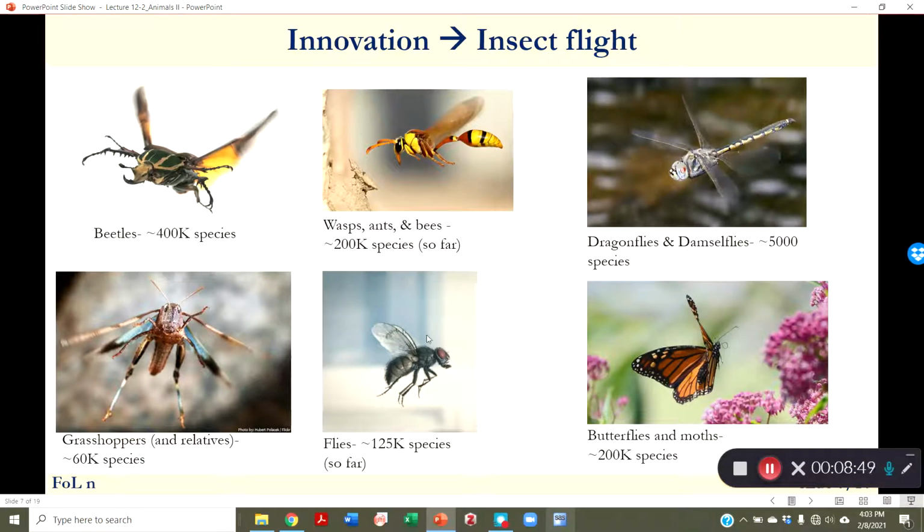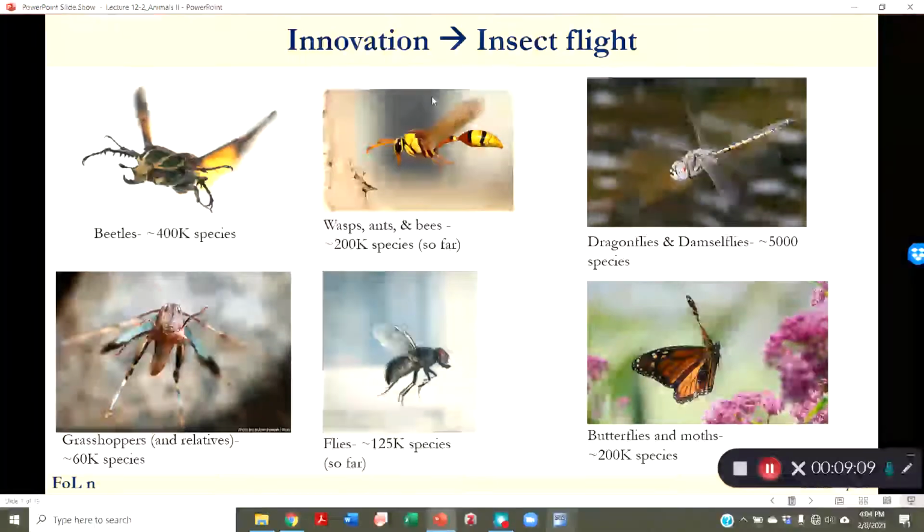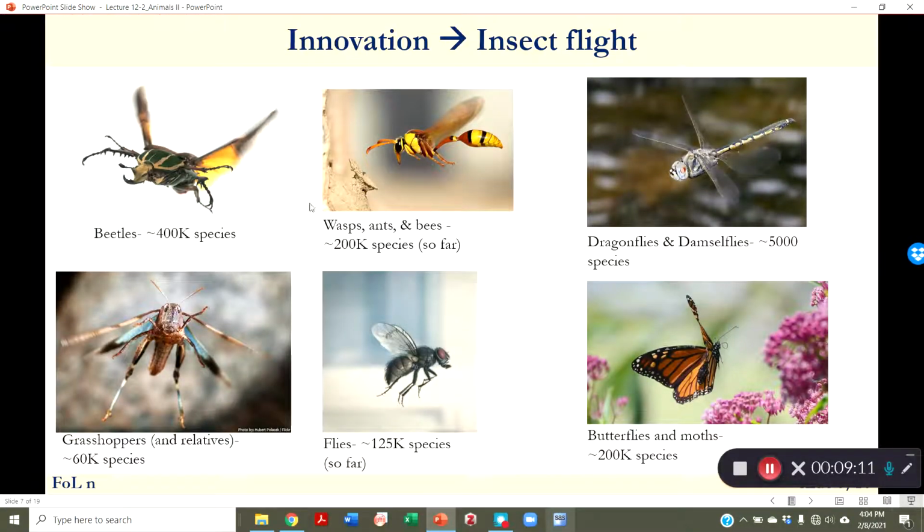In contrast to beetles, flies actually do all their flying with their forewings, and then they have these little tiny stunted hind wings that are now called halteres that just basically buttress their forewings. And grasshoppers are kind of midway between what the wings look like in a wasp and what the wings look like in a beetle. So there's some hardening of that shell, but there's more flexibility than we see for beetles in their elytra.